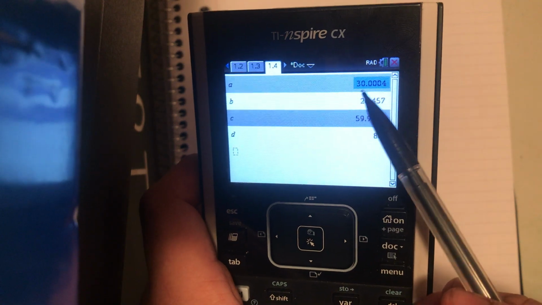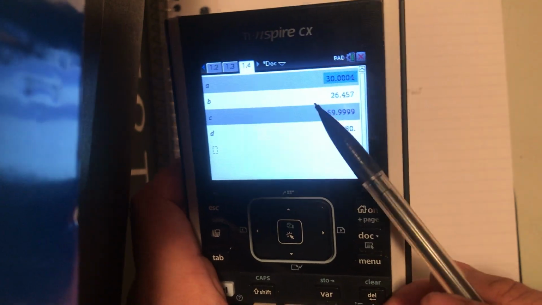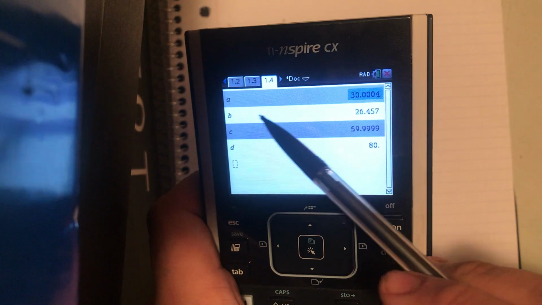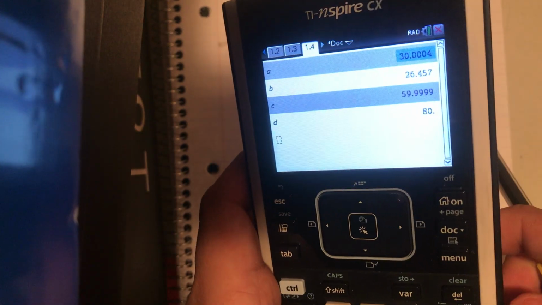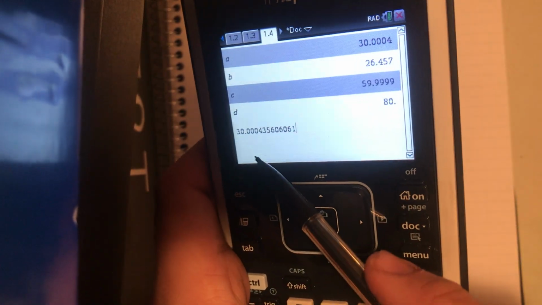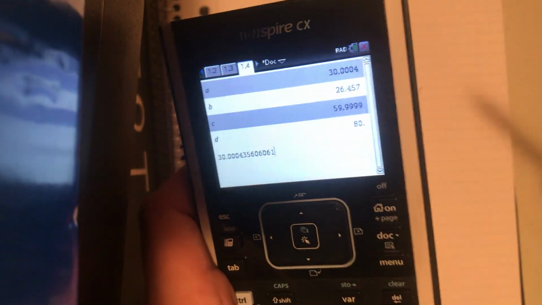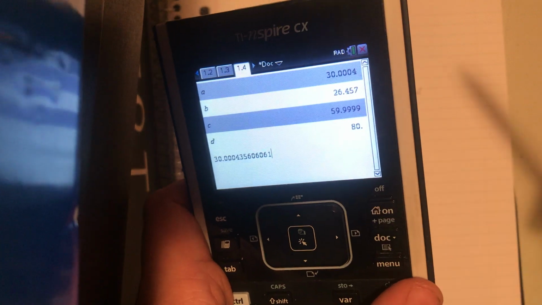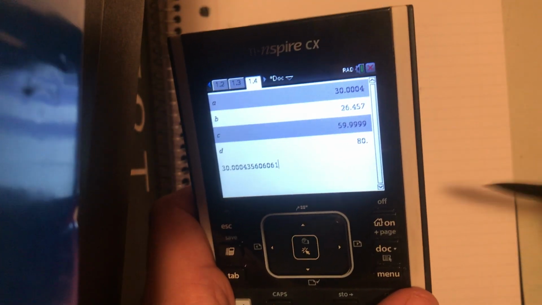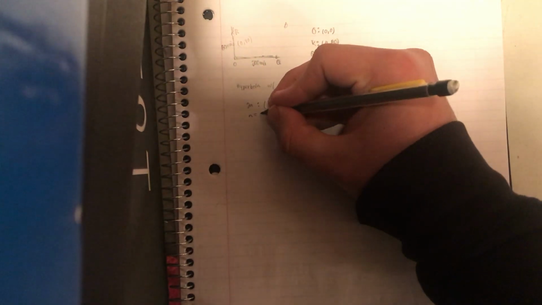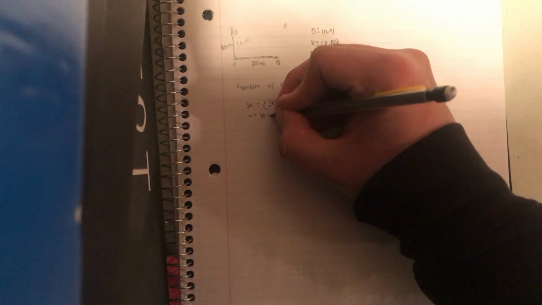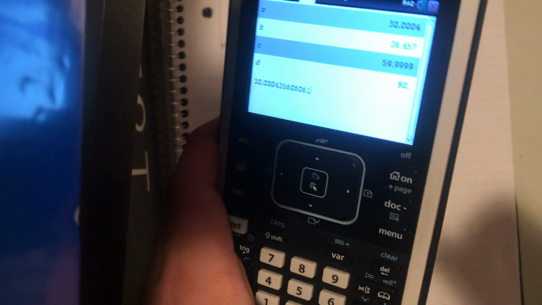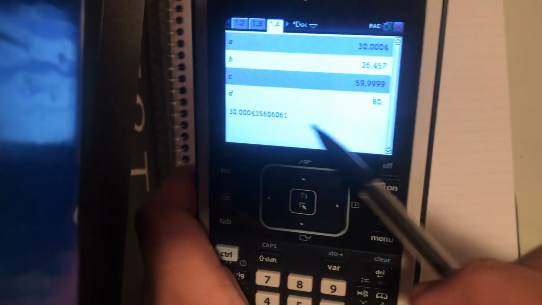So a equals 30. That's the complete decimal. It's kind of hard to write all the decimals, so if you save it, it helps you later on. So just for the sake of writing this down right now, I'll just put a equals 30 miles. However, I'd recommend you save it like that.